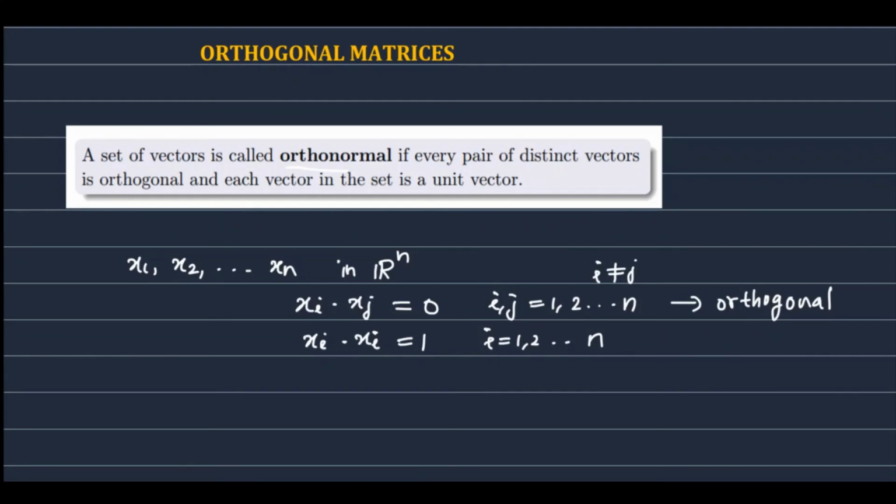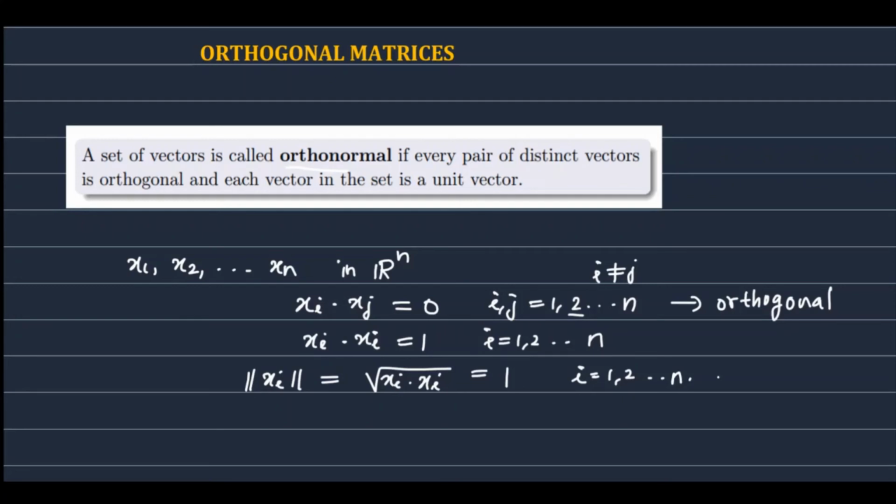That is its norm, as we know that the norm of xi is defined to be the square root of xi dot xi. So if this is equal to 1 for all i from 1 to n, that is, the length of each vector is 1, and also they are mutually orthogonal, xi dot xj is 0, then we say that the set is orthonormal.